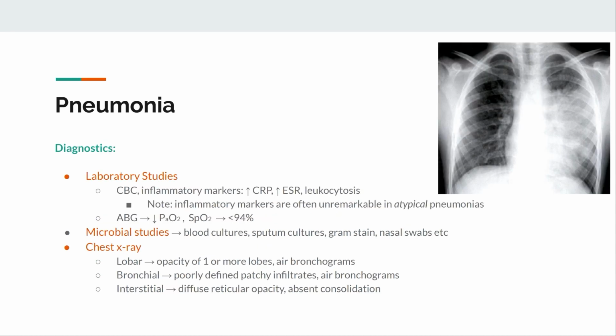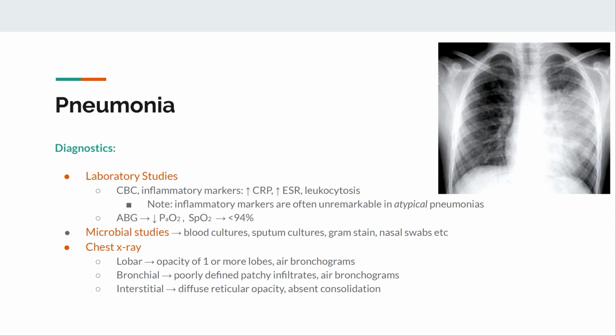And then with diagnostics, this is very brief here, just a little summary, but with your lab studies, you'd look at your inflammatory markers, so you'll see C-reactive protein, erythrocyte sedimentation rate, and then being aware, like we said before, that these might actually be quite unremarkable in your atypical interstitial pneumonia.